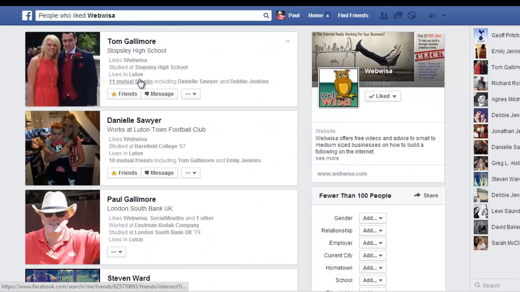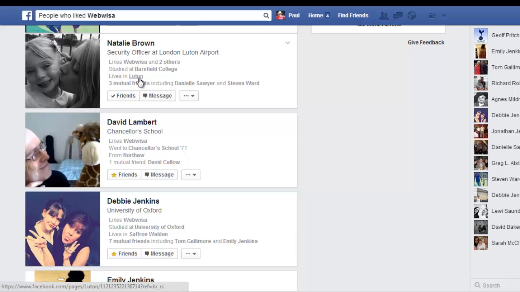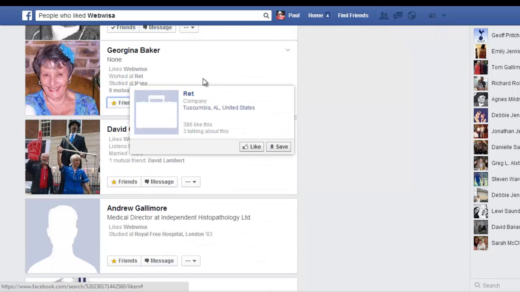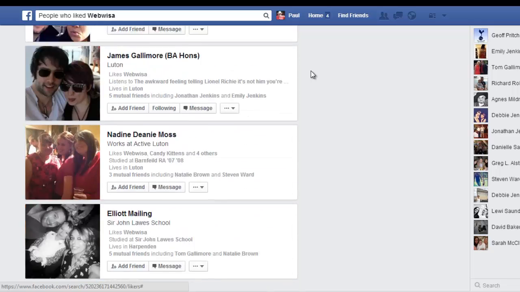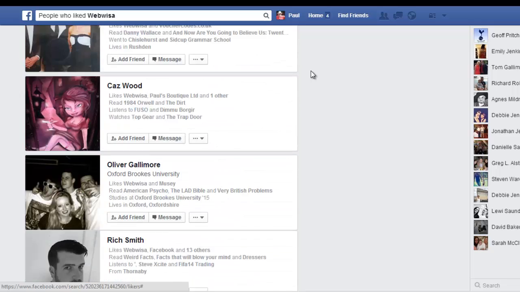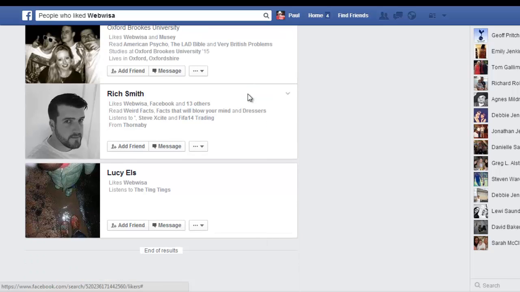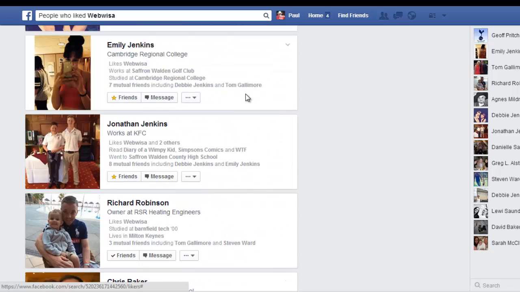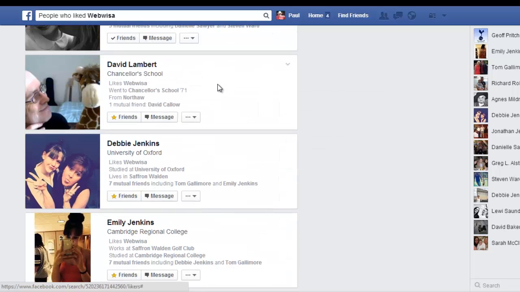Alright, and I can look at these pictures and get an idea of the age group, and because they're essentially family and friends, for a new page, they're going to be of a mixed age range, mainly young by the look of it, and that would be because I got my sons to go off and find people to get me likes quickly.